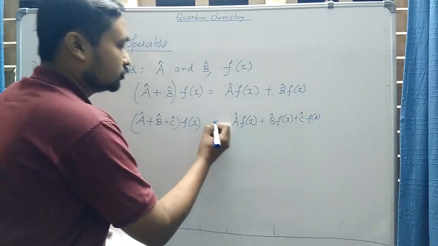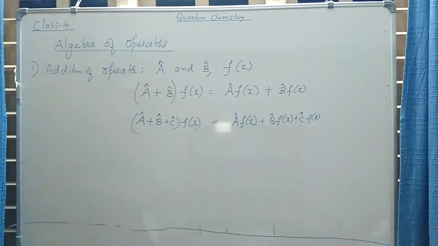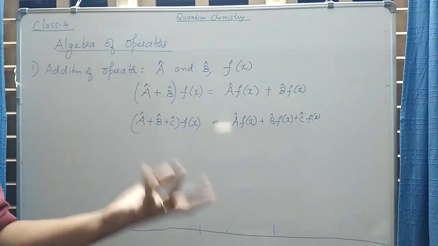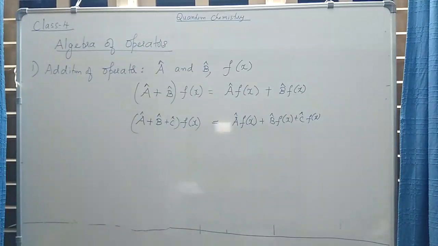Both give the same result. So it is not important whether you add the operators and then apply them on the function, or whether you first apply the individual operators on the function and then add them. Both give the same result. So this property of operators is called the addition rule or addition property.